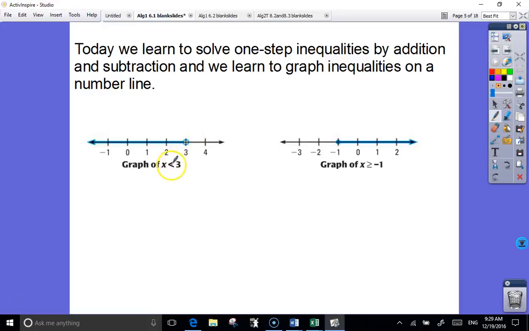It's less than, not less than or equal to, that's why you have an open circle on 3. Open circle for less than or greater than.